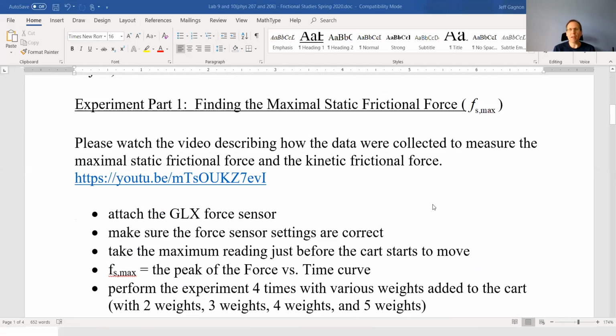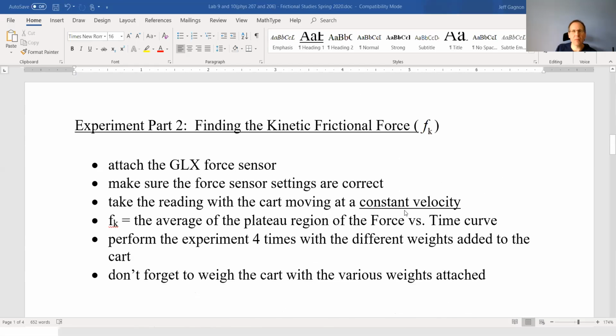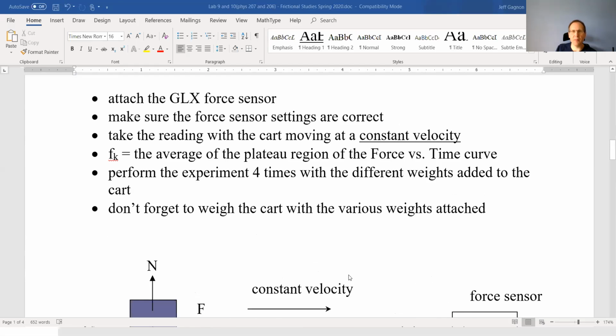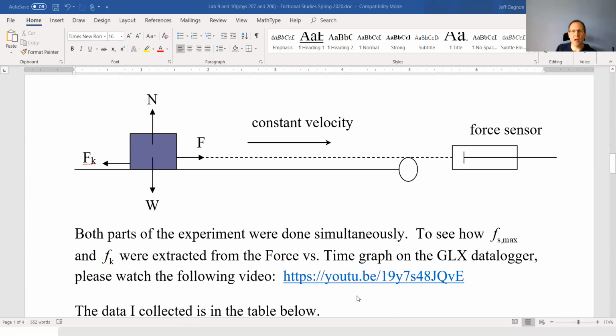So experiment 1, and really we combine experiments 1 and 2 together, where we're finding the maximal static frictional force and the kinetic frictional force at the same time. So make sure you watch those 2 videos describing how the data was collected, all right? I give you links here, and I'll put links on Brightspace. And same thing with the second part. Make sure you watch both of those videos.